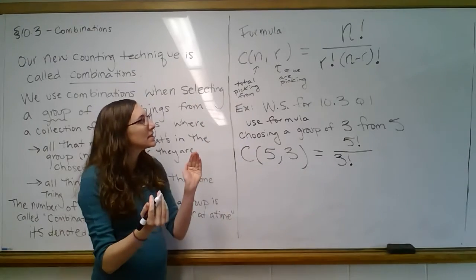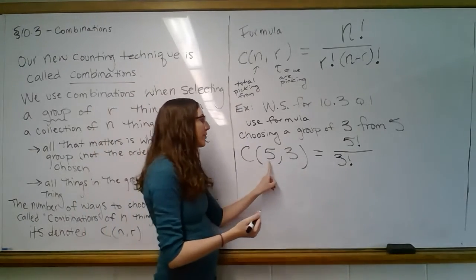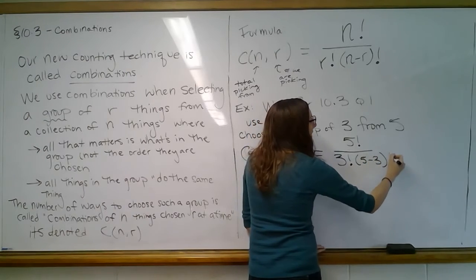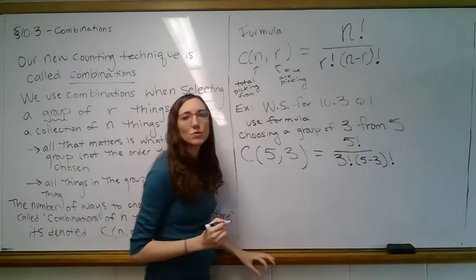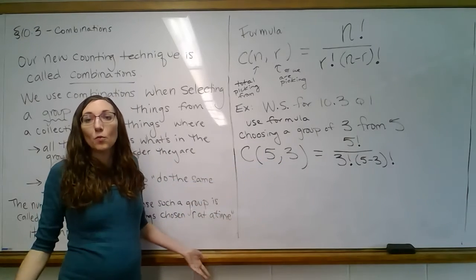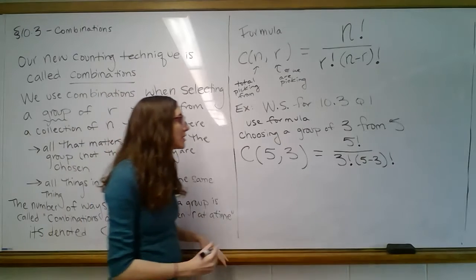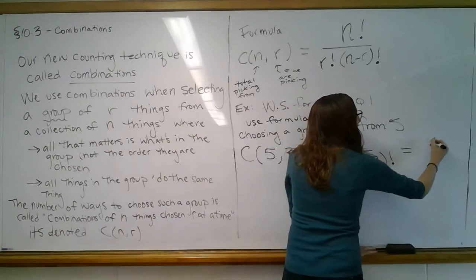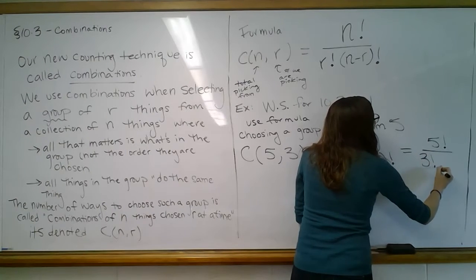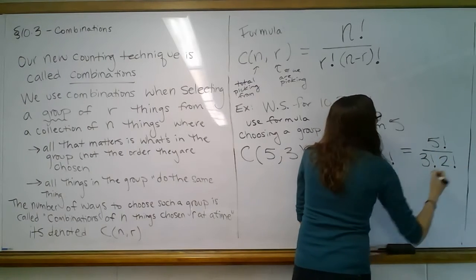And then the quantity N minus R, which will be 5 minus 3. And then once we find what that number is, we'll do its factorial. So let's just do that little piece really fast. What is 5 minus 3? Well, it's 2. So really this is 5 factorial divided by 3 factorial times 2 factorial.